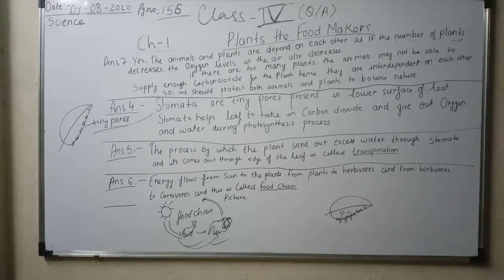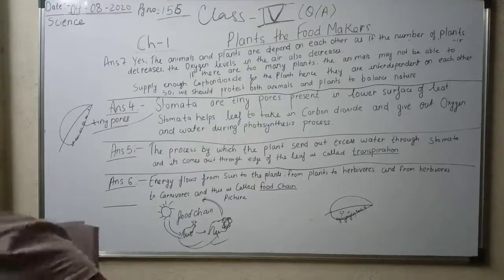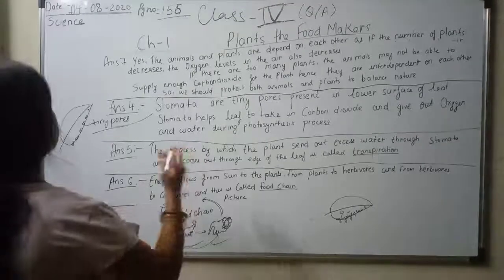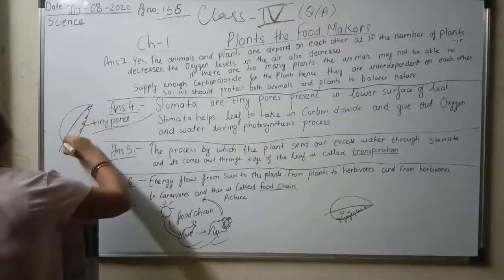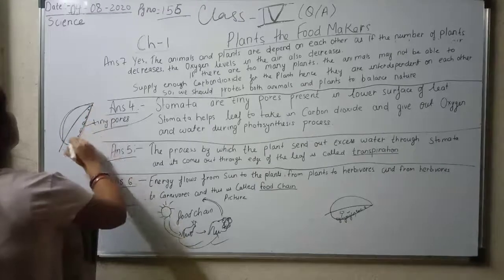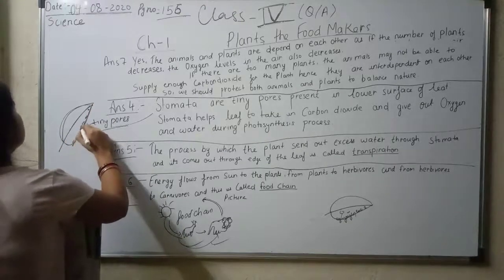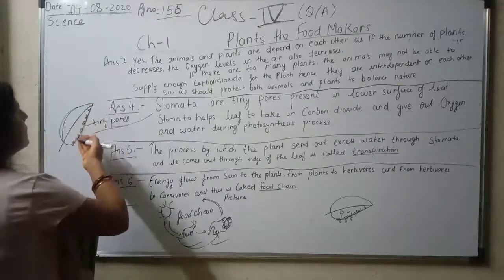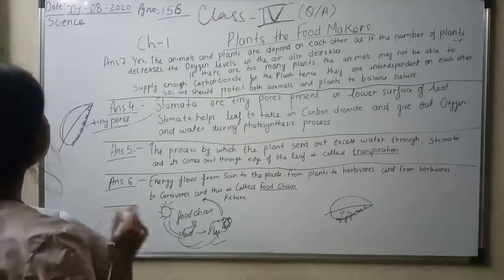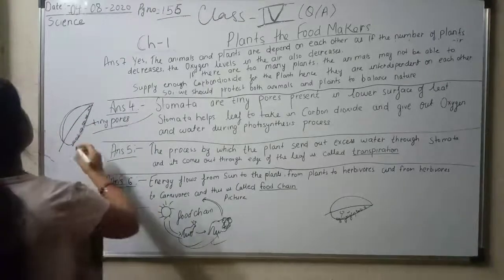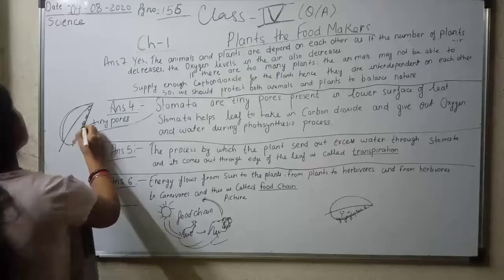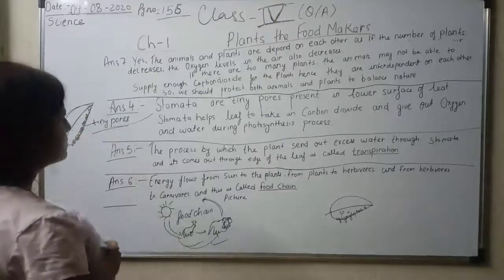Let me explain to you first of all. As we all know, stomata is prominently present in the lower side of the leaf. It is like tiny pores in the lower side of the leaf.